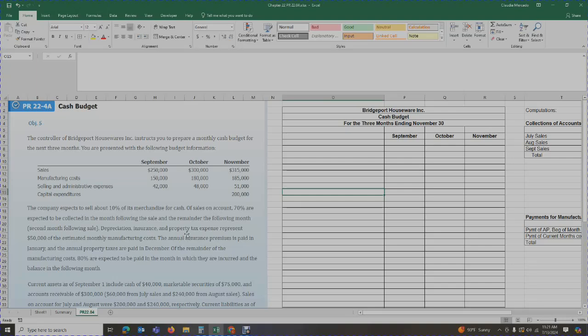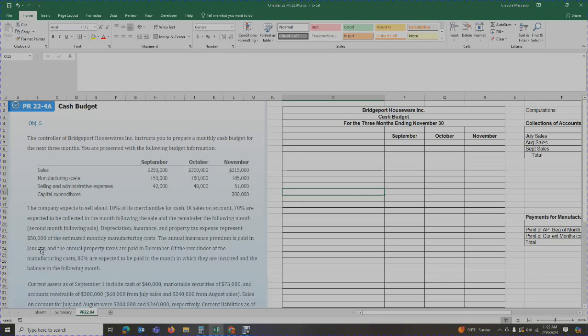Depreciation, insurance, and property tax expense represent $50,000 of the estimated monthly manufacturing cost. So within that manufacturing cost, $50,000 is for depreciation, insurance, and property tax expense. Okay. The annual insurance premium is paid in January. And the annual property taxes are paid in December.